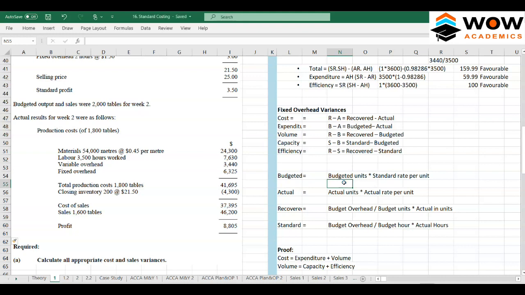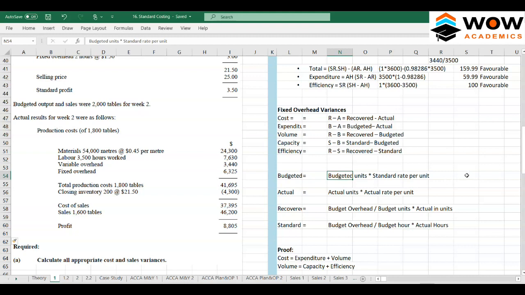We need these numbers first, and then only can we find out the variances. Unless we find these out, we can't work out the problem. Proof we'll show you later, that won't be much of a problem. So the first one we have to get is budgeted units.